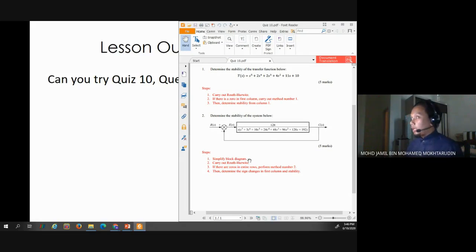The next lecture involves sketching a graph to determine the stability of a system, and you need to use the Routh Hurwitz criterion to determine the range of certain values and to determine the frequency of the system. Sometimes students forget how to perform Routh Hurwitz, and Routh Hurwitz and simplifying block diagrams are the two key methods for the subsequent lectures.